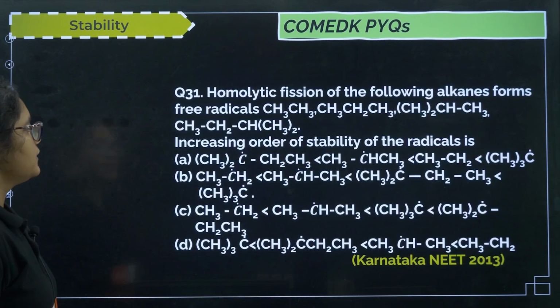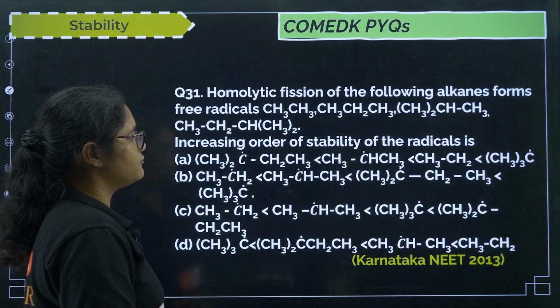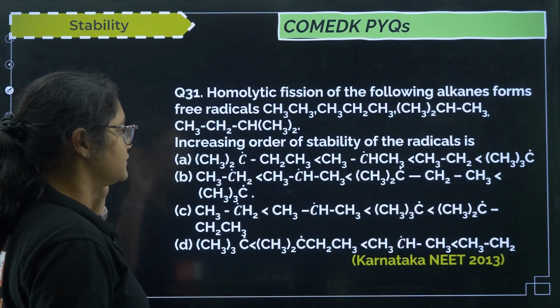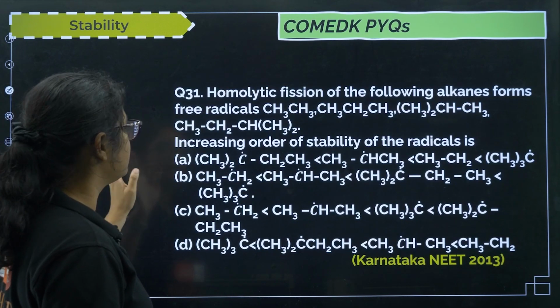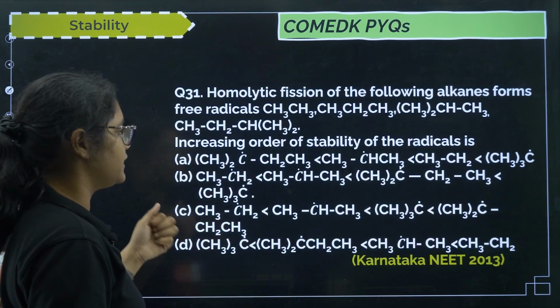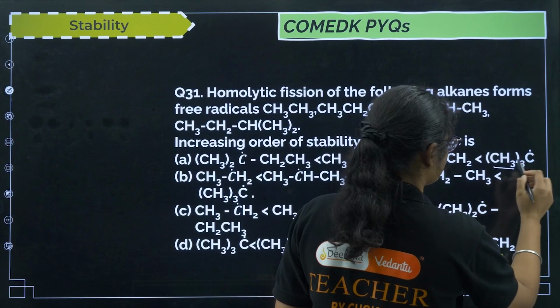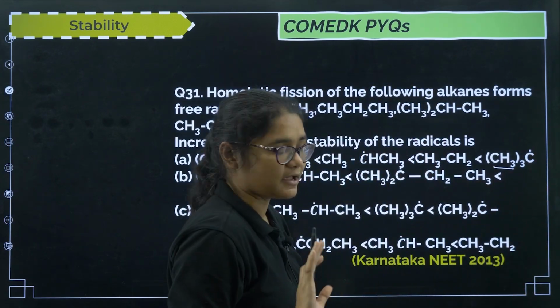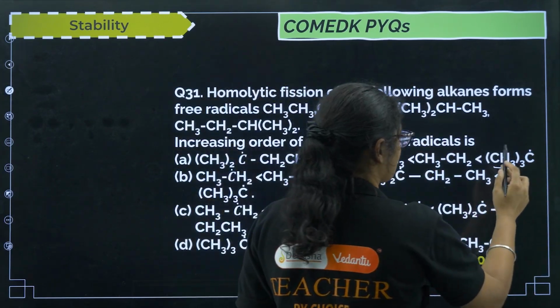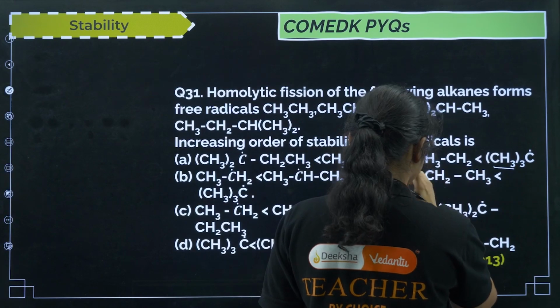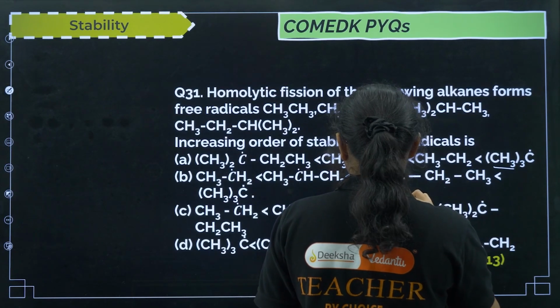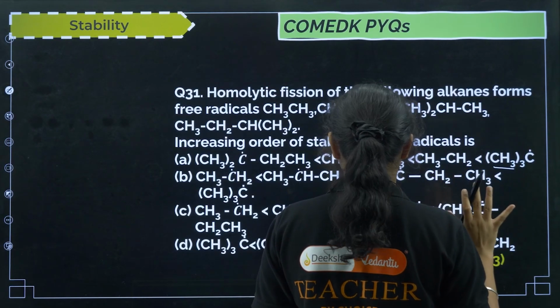Next, homolytic fission of the following alkanes forms free radicals. Increasing order of the stability of free radicals. First of all, you can tell on the basis of hyperconjugation. We will see the number of hyperconjugation structures.